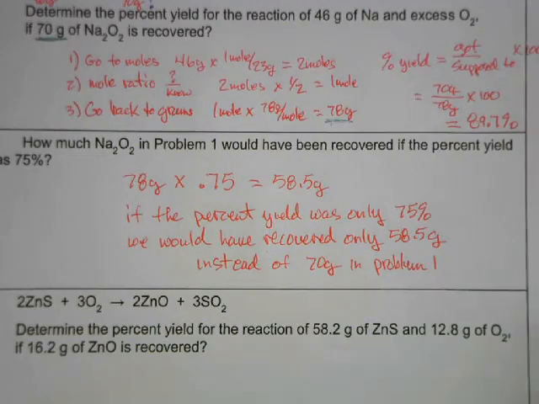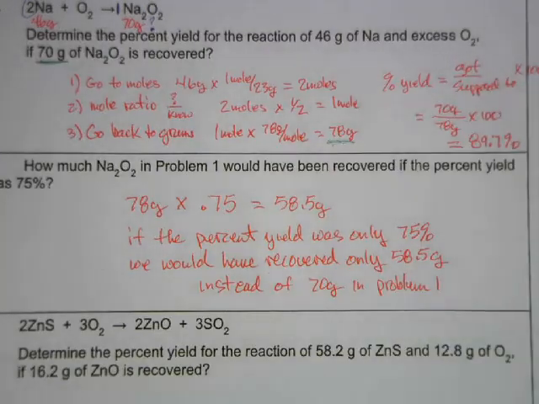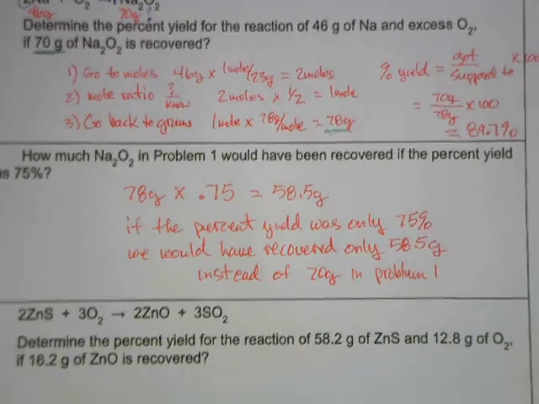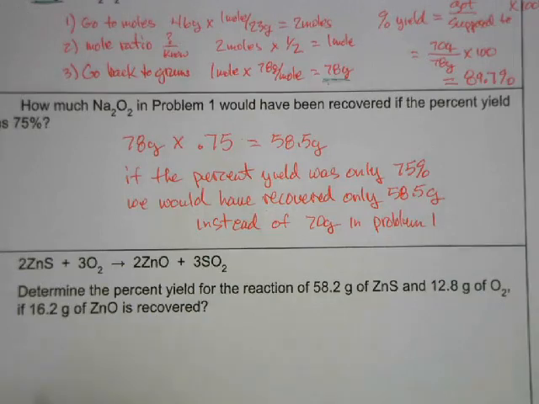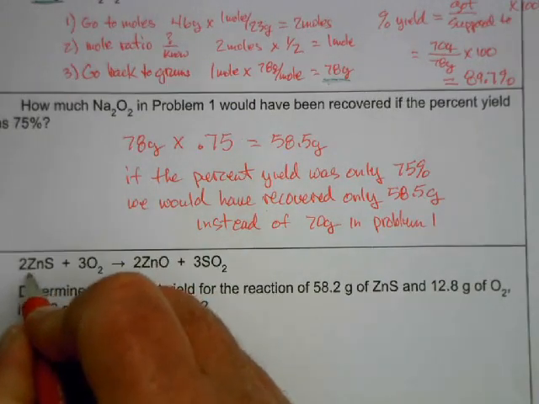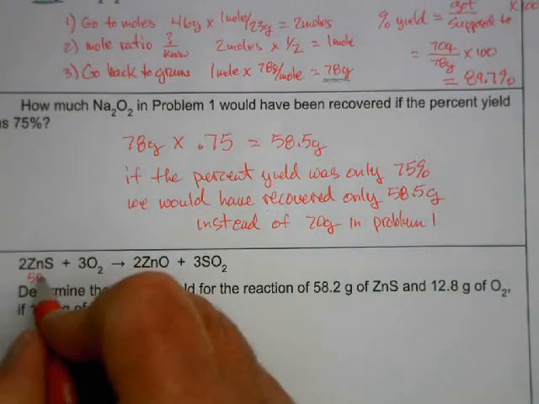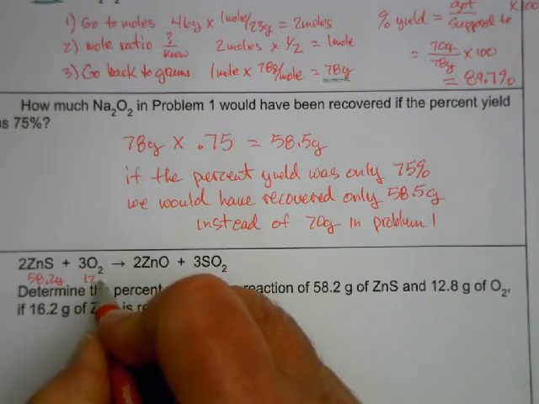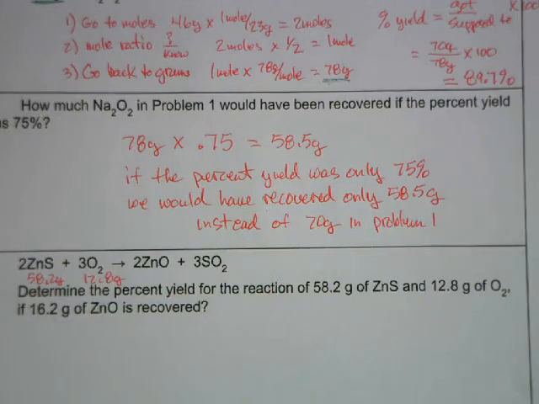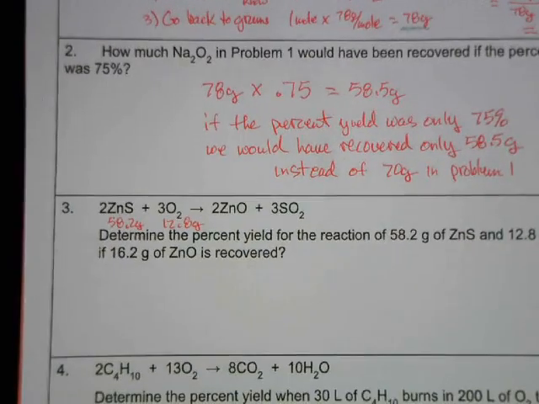All right, problem 3. Determine the percent yield for the reaction of 58.2 grams of zinc sulfide and 12.8 grams of O2 if 16.2 grams of zinc oxide is recovered. Now, in this case, this will be a limiting reactant problem, because notice now they gave us both of the reactants.